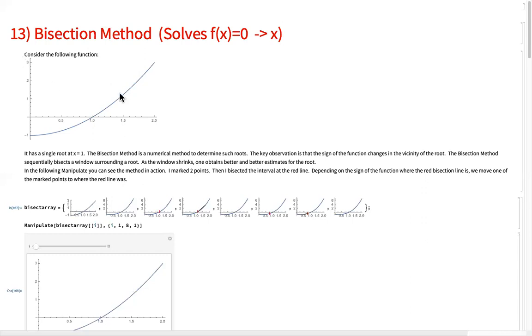Okay, so right here I have a function, and if I remember right, this function was x squared minus 1. The solution is clearly at x equals 1. But let's imagine we didn't know that, or maybe it wasn't a simple, obvious place where the function went through 0.